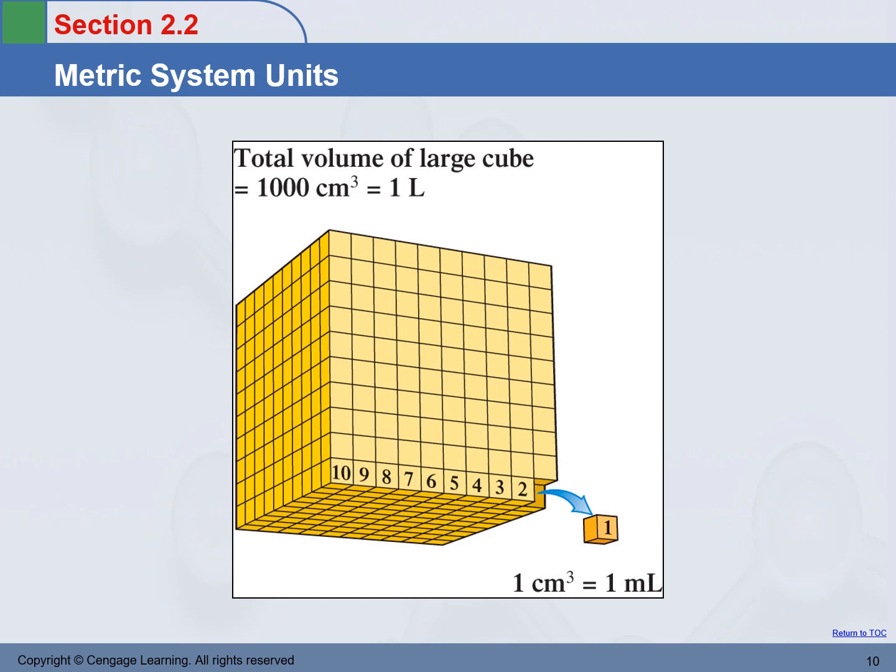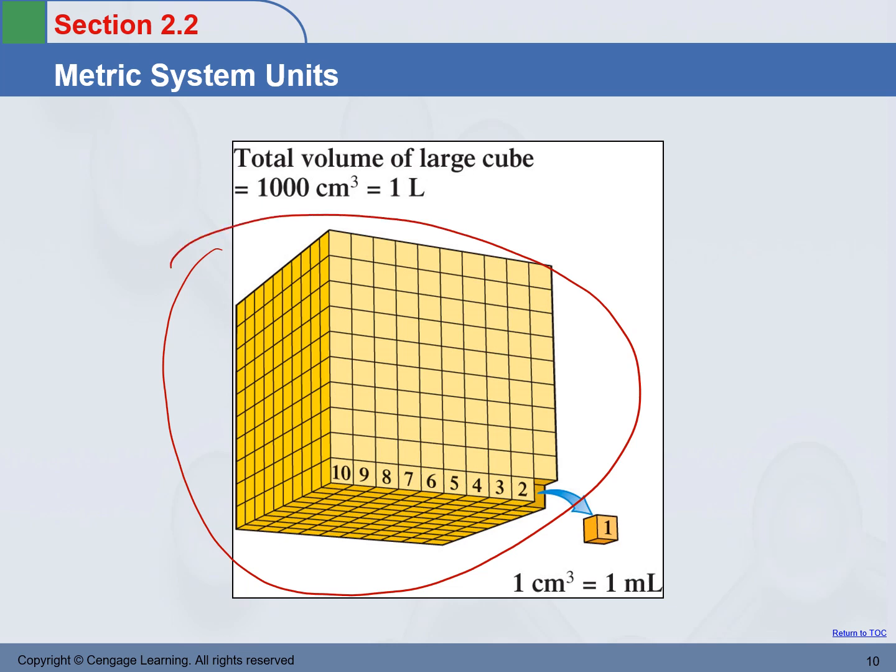This is an object of 1 liter, and this part is 1 cubic centimeter, which is 1 milliliter. Again, centimeter cubed and milliliter are two different units that have the same size.